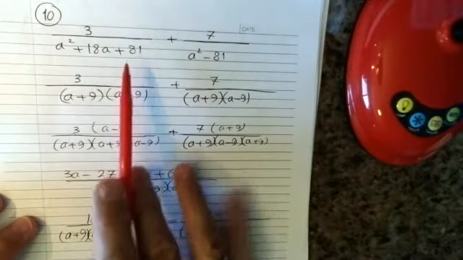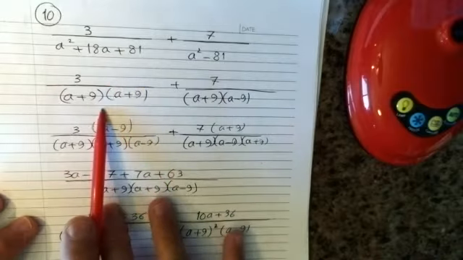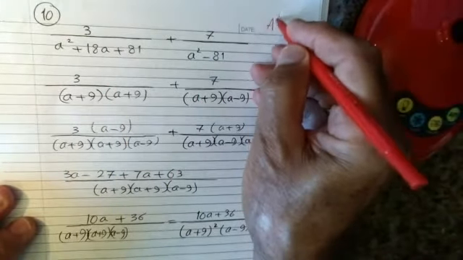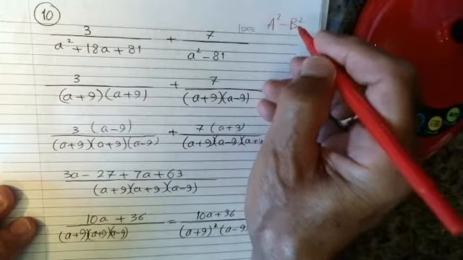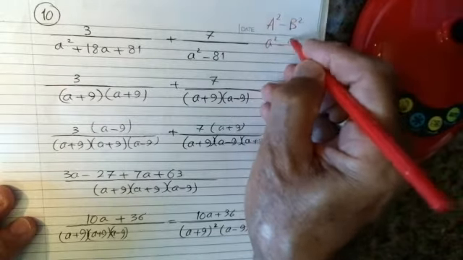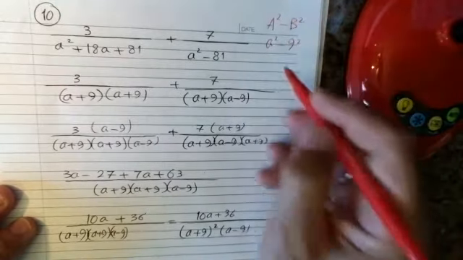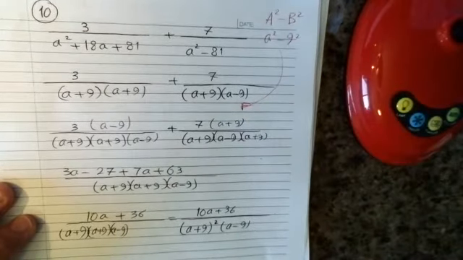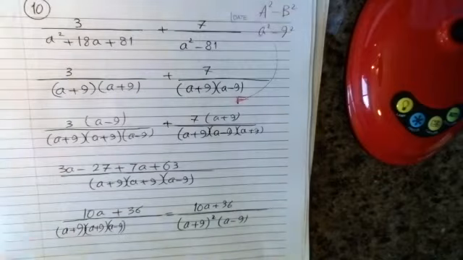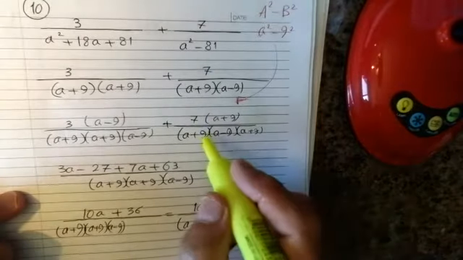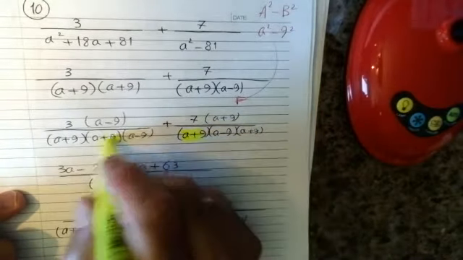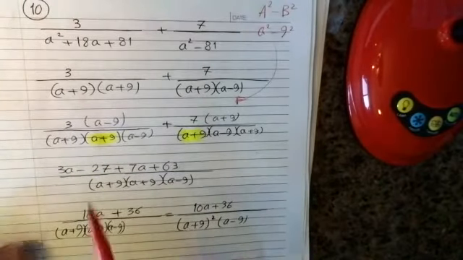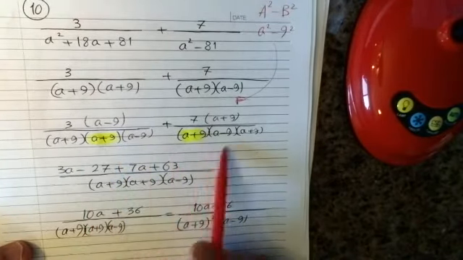Two numbers whose multiplication is 81, and when you add is 18. What formula? Again, a squared minus b squared, right? It's a squared minus 9 to the power of 2, which is that. They both have a plus 9 and a minus 9.